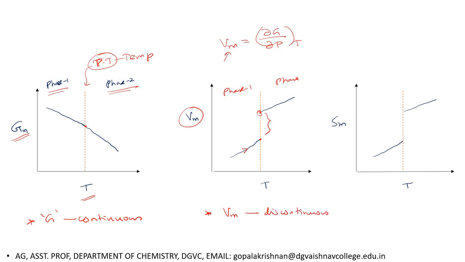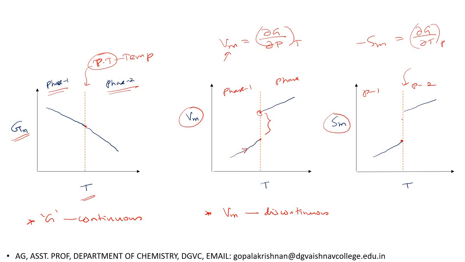Similarly, if you take molar entropy, what is molar entropy? Negative of molar entropy is nothing but ∂G/∂T at constant pressure. If you plot the molar entropy versus temperature for the phase 1 to phase 2 transition, this is the phase transition temperature.